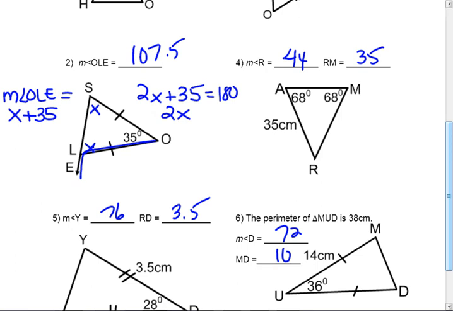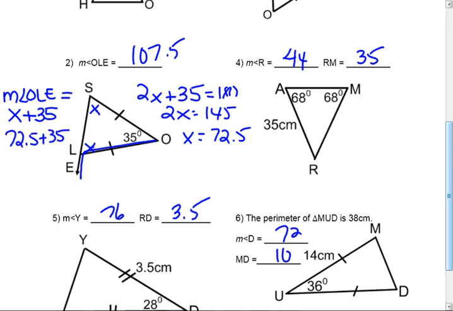So that is 2x equals 145, and x is equal to half of that, 72.5. So this is 72.5 plus 35.